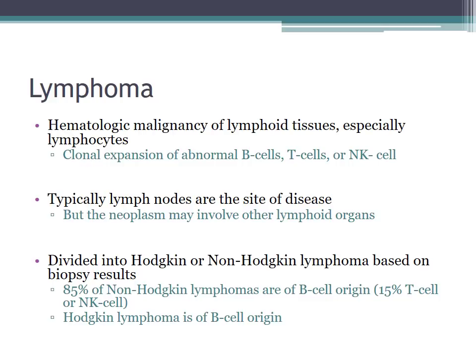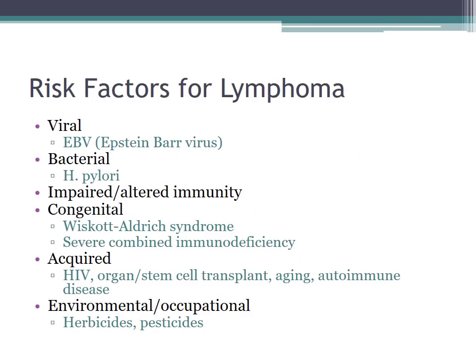Lymphomas are typically divided into Hodgkin's and non-Hodgkin's lymphomas. About 85% of non-Hodgkin's lymphomas are of B-cell origin, and Hodgkin lymphomas are all of B-cell origin. Risk factors for lymphomas. There are many risk factors for lymphomas, but one of the most important ones to remember is viral infections, specifically the Epstein-Barr virus.